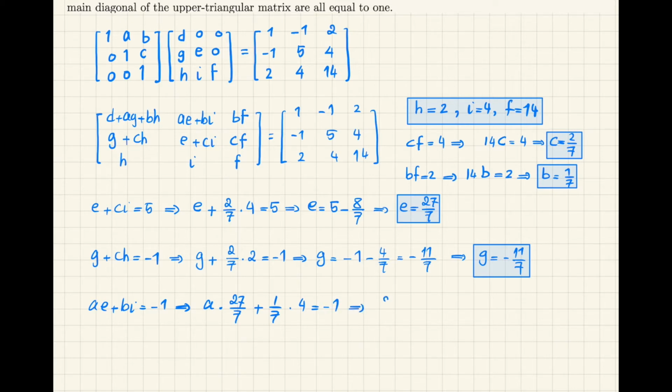So this means that 27 over 7 A is equal to minus 1 minus 4 over 7. So the answer becomes minus 11 over 7. So then if I simplify this 7 with that 7, A becomes minus 11 over 27. Yes, so this is the value for A that I get.